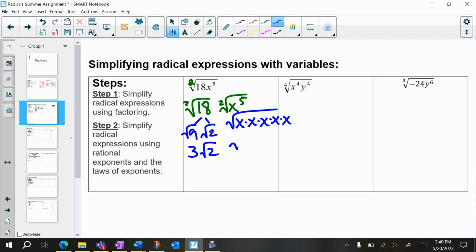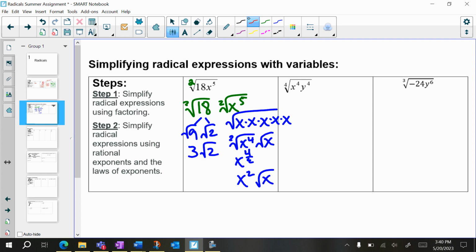So I want to group it as the square root of x to the 4th and the square root of x, which is equivalent to radical x to the 5th because you would just add your exponents. Now remember, since there is a 2 here, this is technically x to the 4 over 2, which simplifies to x squared, and you leave radical x because you can't simplify that.